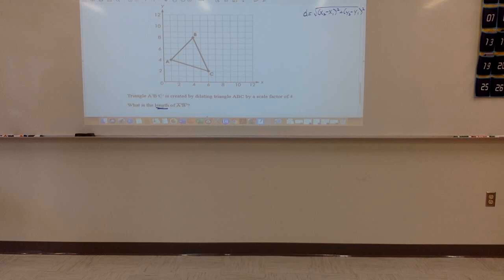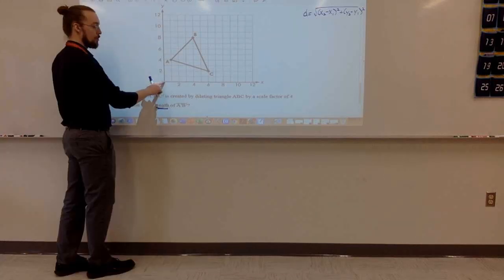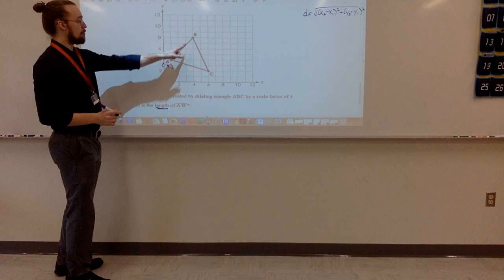So looking at the graph, A has a coordinate point of 1, 4, and B is at 4, 8. So I want to use my distance formula to find the distance between these 2 points.